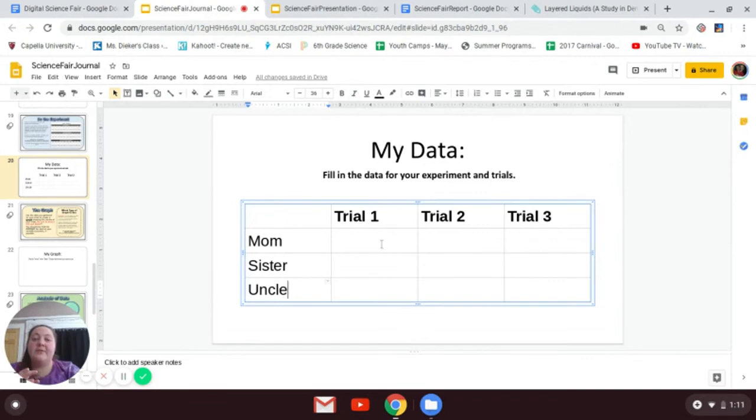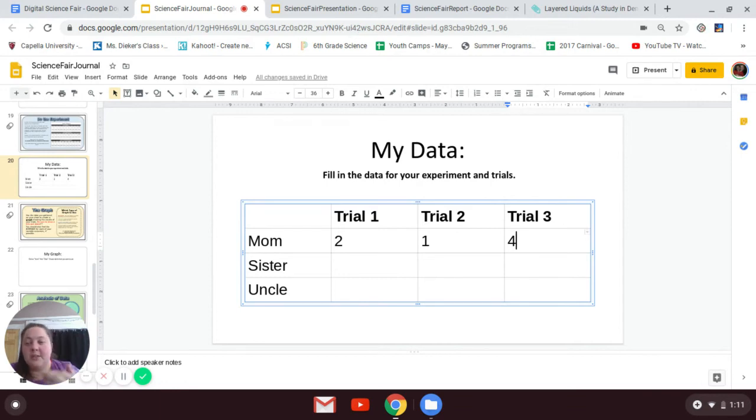And then let's say after a minute, she made 2 baskets. So you put 2 in trial 1. And then when she did it the second time, she only made 1. It was really hard, and she was laughing too hard. And then the third time she tried, she made 4 baskets. Okay? So she would try that 3 times.